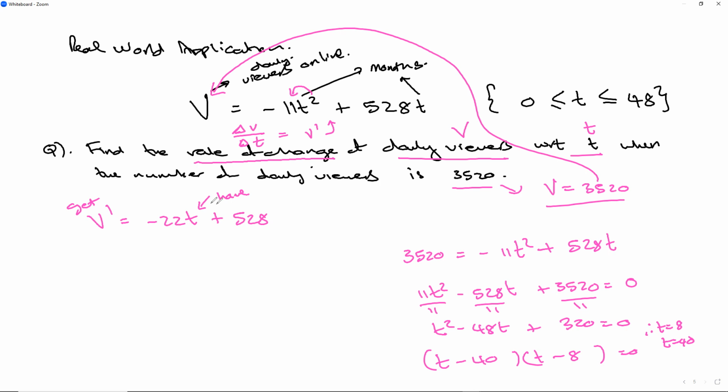Now I have two values of t, and those two values of t mean that I'm going to substitute 8 or 40 into the derivative, and that will give the rate of change of daily viewers when it's 3520. Right, so let's substitute.